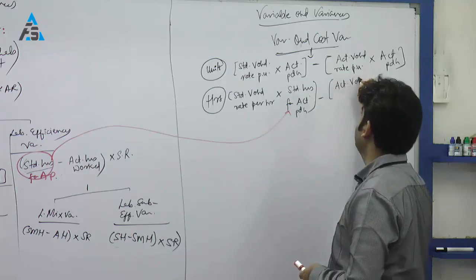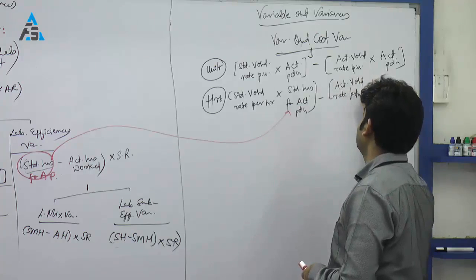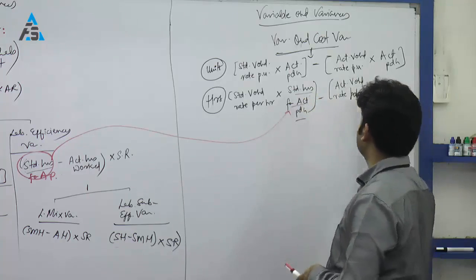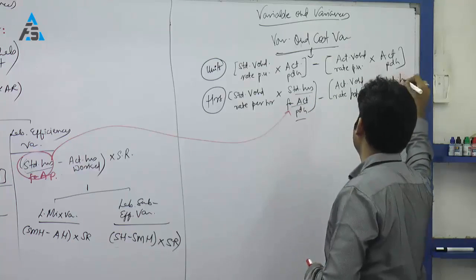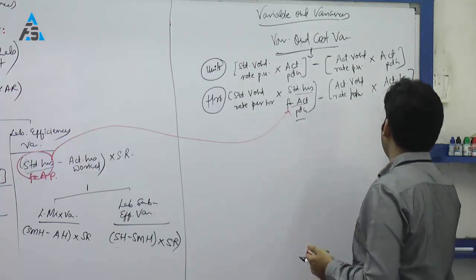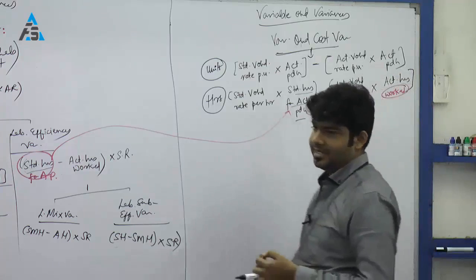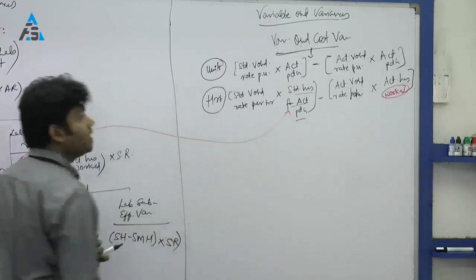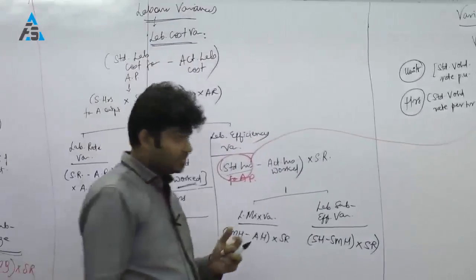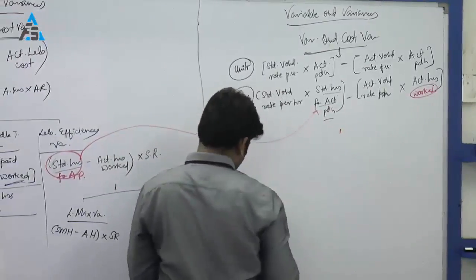Actual variable overhead rate per hour multiplied by actual hours worked or paid. It is always going to be worked. It is an implied assumption even by ICAI CMA that this is always actual hours worked, because variable overheads are paid on the basis of the actual hours worked. For a detailed discussion, please refer to my video.